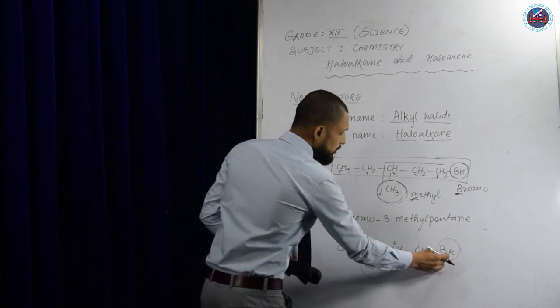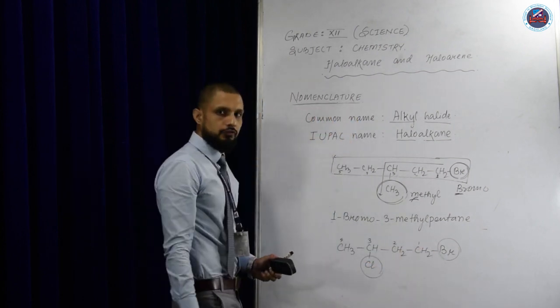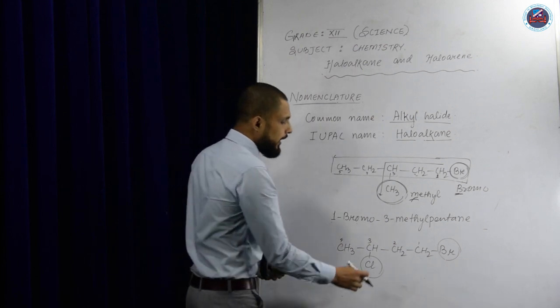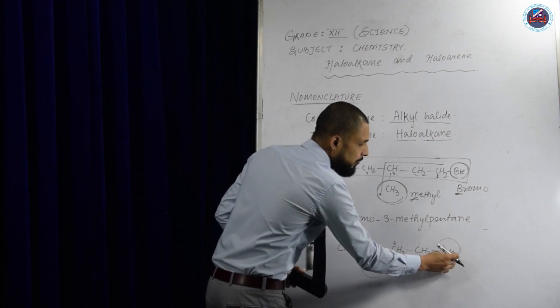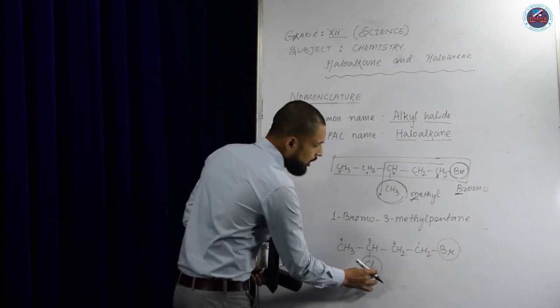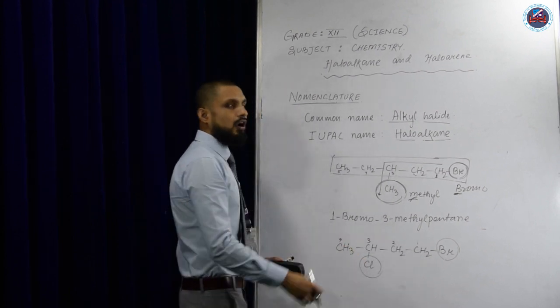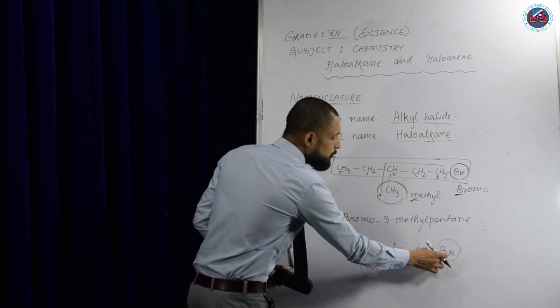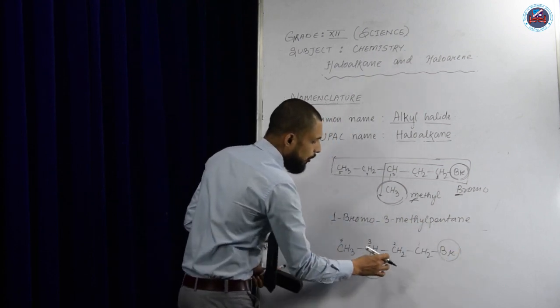Now again, since we have 2 different types of substituents, we'll follow the alphabetical order. So Br means bromo, starts with B. Cl means chloro, starts with C. So when we go alphabetically, B comes before C. So we'll write Br before Cl.